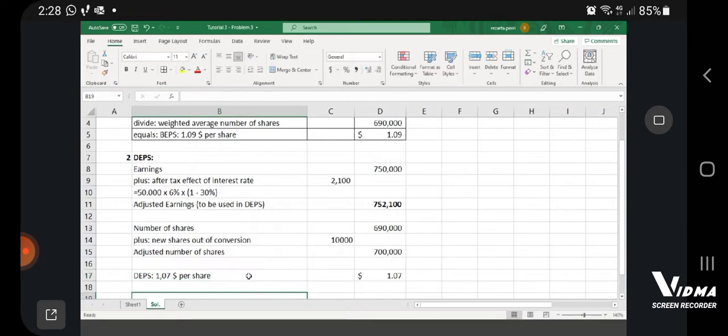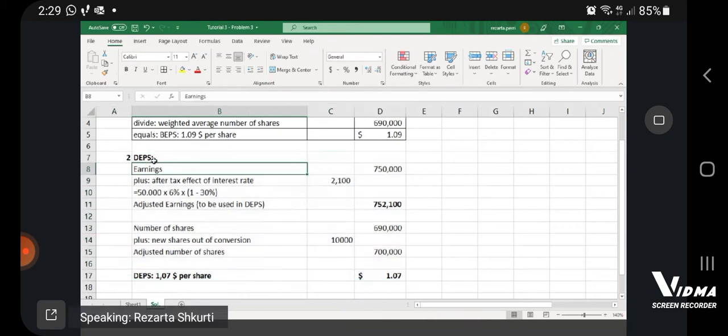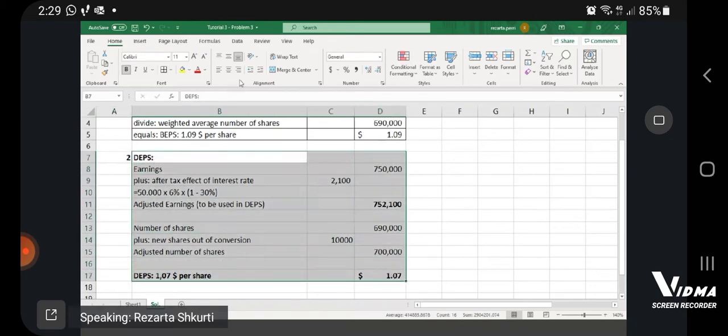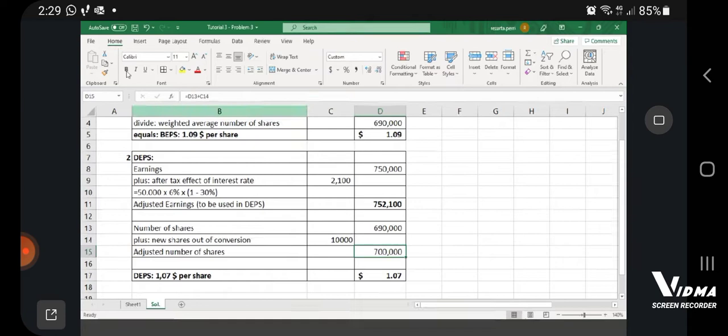Probably you have noticed something in our problems or in our exercises. You have noticed that almost always the diluted earnings per share is lower than the basic earnings per share. That is because we usually take into account only the dilutive securities, those that are likely to decrease the value of the earnings per share.